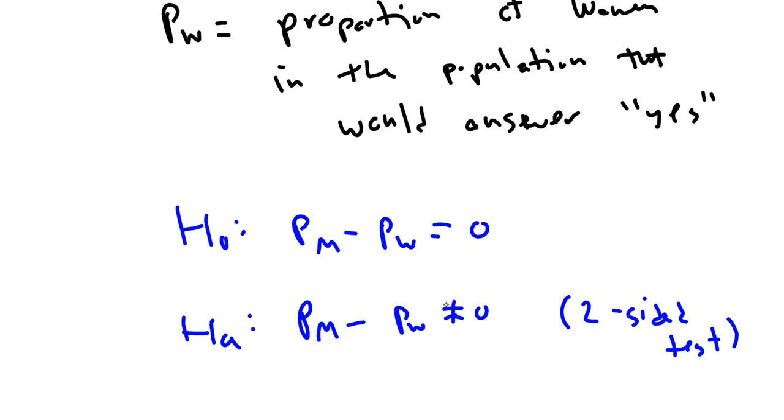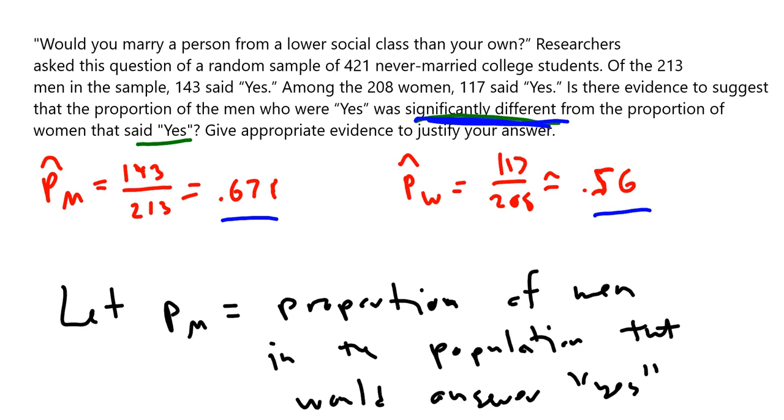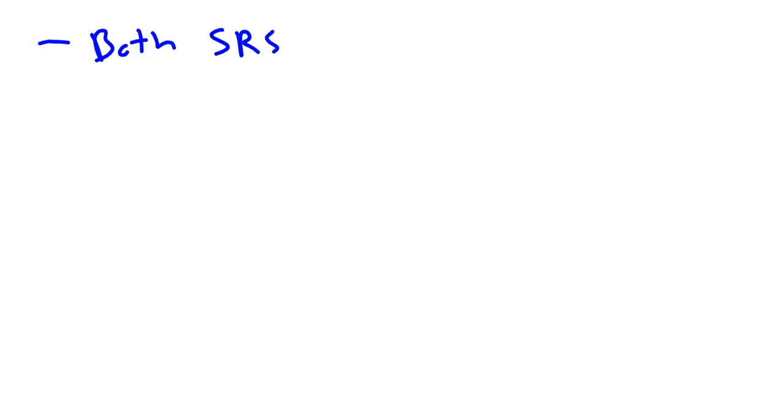Okay, so second step in any significance test is to write out all your assumptions and conditions. So one, these are both supposed to be SRSs, or randomly selected groups of people. I'm not sure the problem even says there. Oh, it does. Look at that, random sample. So we lucked out. So we're going to say yes to that.